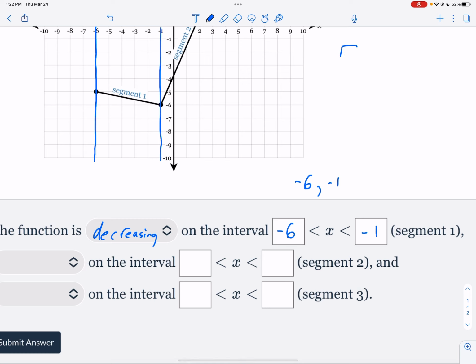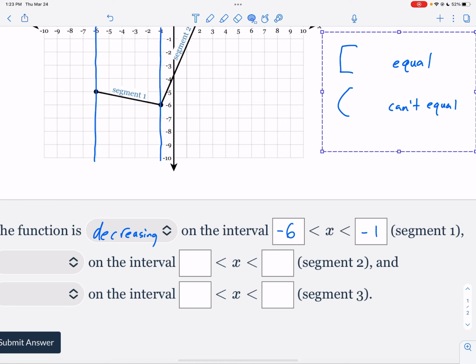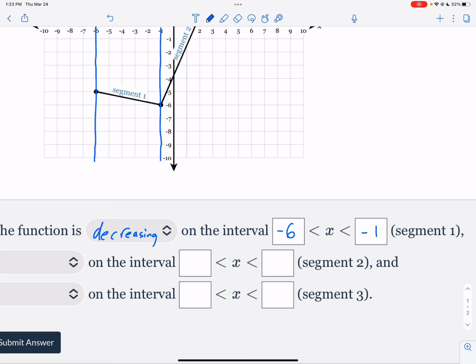If it is not equal, it's a parenthesis. So the square bracket is if it can equal those points, or if it has a closed dot at those points, and the parenthesis is if it can't equal. In this case, we'd put an open set of parentheses on both sides because this does not equal. It's an open dot. This also does not equal. It is an open dot. But either way, those are just some nice interval notation reminders, but we can also just use it as an inequality.